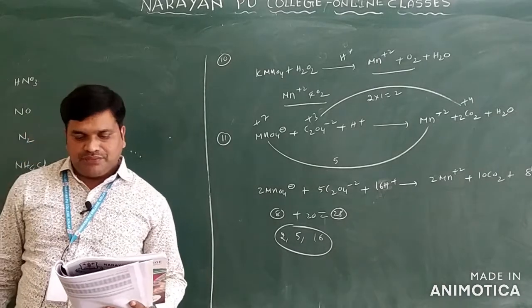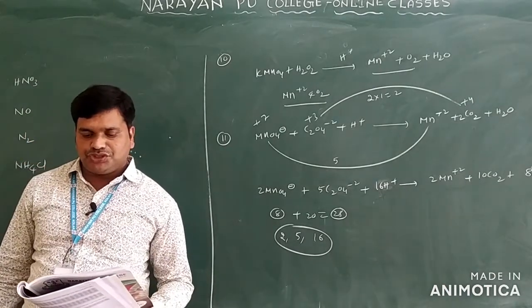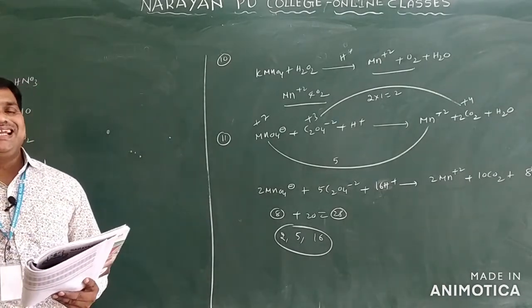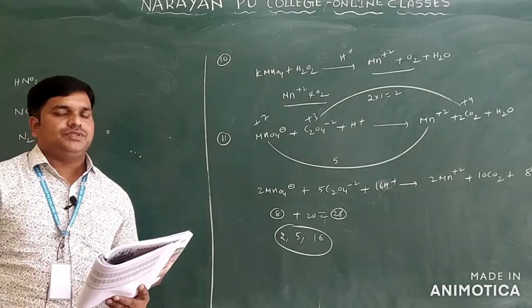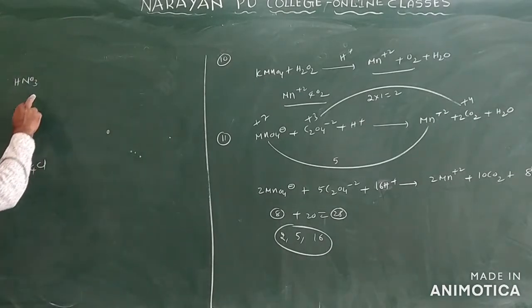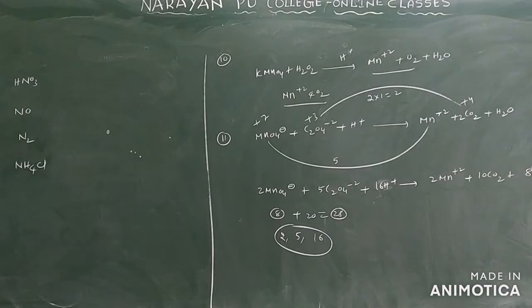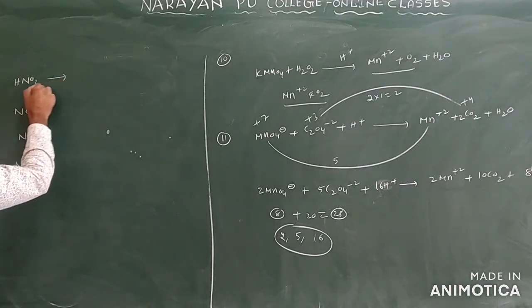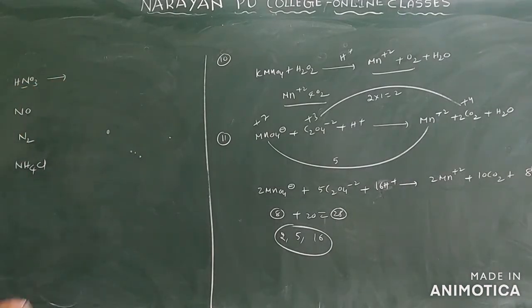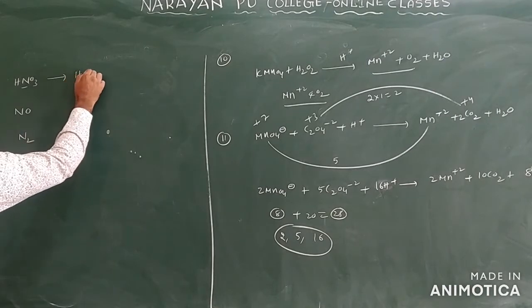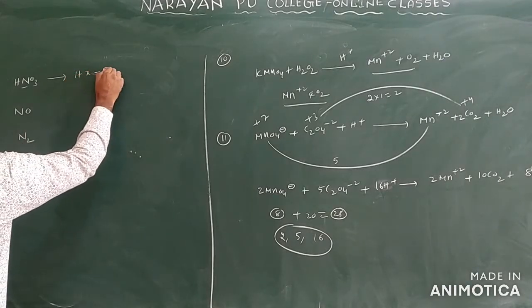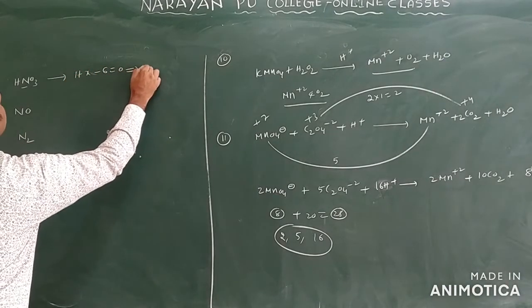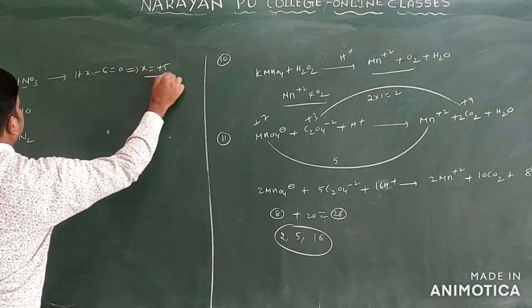See question number 12. The correct order of the nitrogen compounds in decreasing order of oxidation state. The compounds given are HNO3, NO, N2 and NH4Cl. You can find the nitrogen oxidation state in each compound. This is 1 plus x minus 6 is equal to 0, so x equals plus 5.